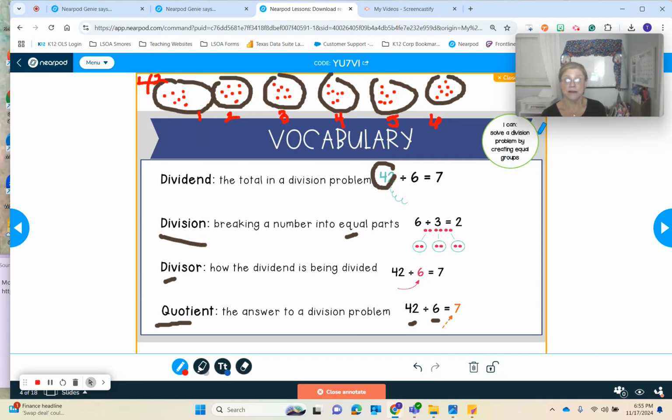That's our quotient. Let's count them. 1, 2, 3, 4, 5, 6, 7. So the quotient is saying just how many dots were in each of those groups. 7. And as long as there are 7 dots in each group, it has to be equal, then that is a correct division problem.